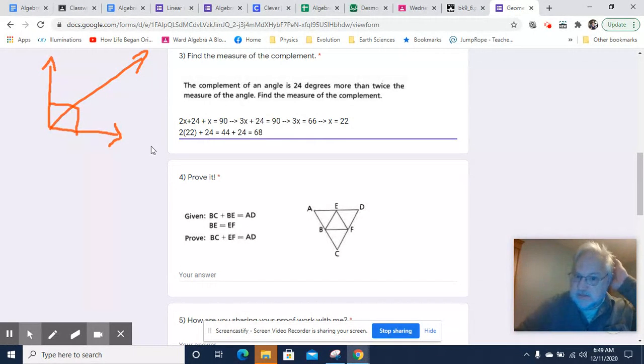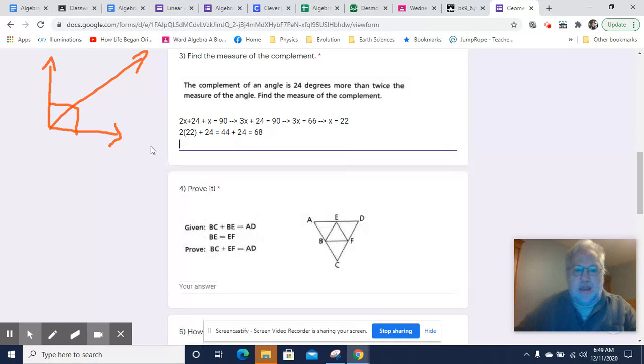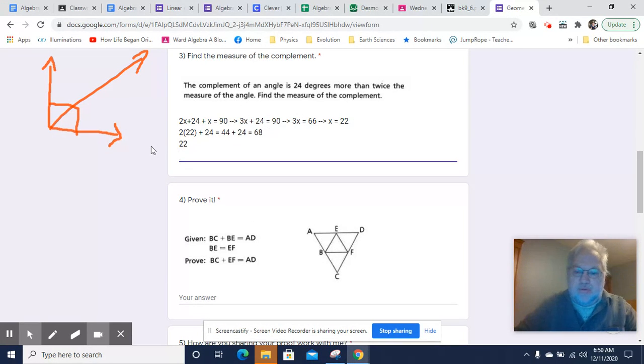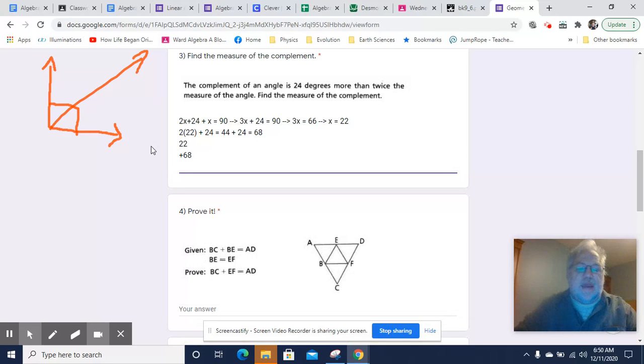And 68 plus 22 checks out. Always a good idea afterward to say, okay, 22 plus 68, and that does equal 90. So those are complements of each other. Okay, so I hope that clarifies that one.